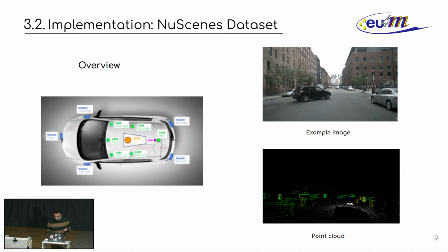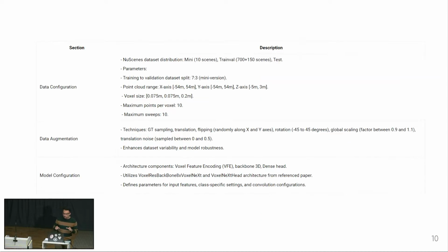So for such a case, there is a mini version, which is the one we used, and that consists of just 10 scenes. Seven scenes are used for training the model, and the other three for validation and testing. As you can see here in the table are the main parameters set for the NGSIM. Explaining all of them would be going too much in depth, and there is not enough time.